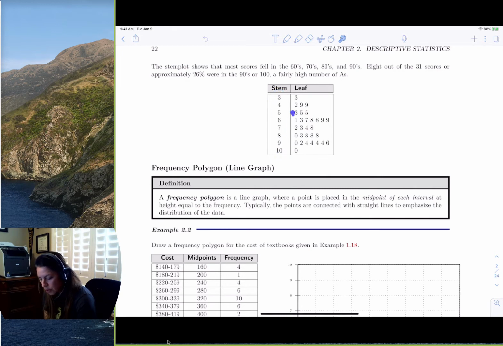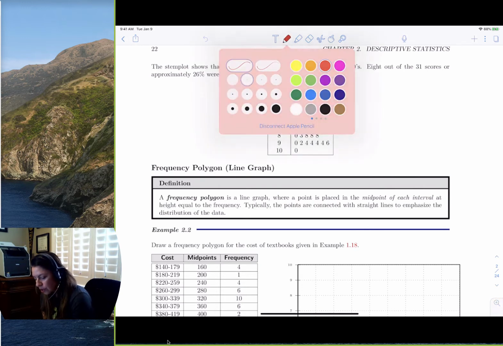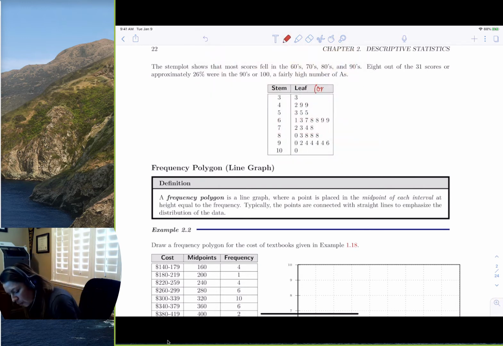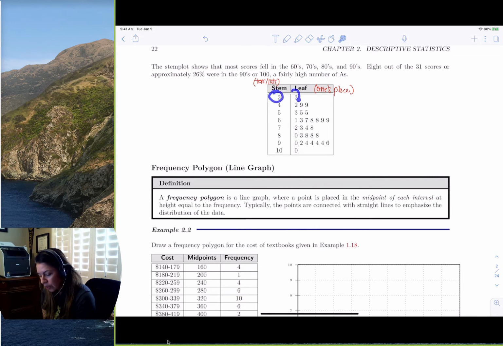And because we're dealing with scores, these would be the ones place for the scores. So I'll put ones place. And then these would be the tens and then hundreds place, right? Because some students got a perfect score. Therefore, this student here would have been 33.